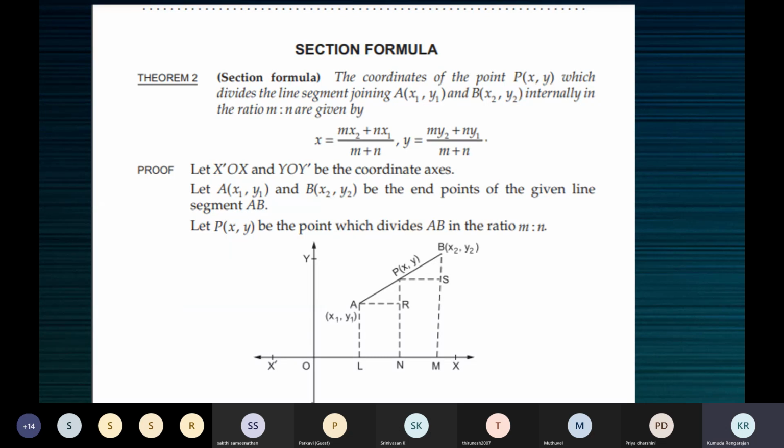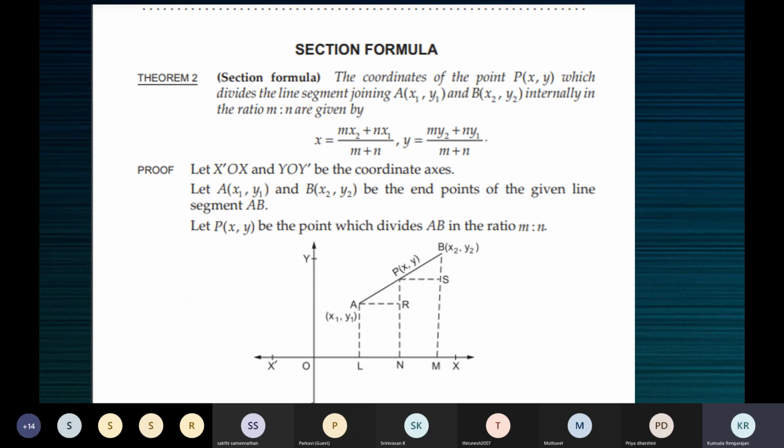Okay, let's resume. So we have two points A and B given by the coordinates (x1, y1) and (x2, y2) in the Cartesian plane. AB is the line segment joining the two points A and B. P lies on the line segment AB, dividing it in the ratio m:n.